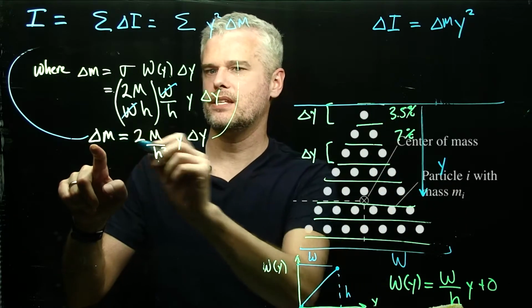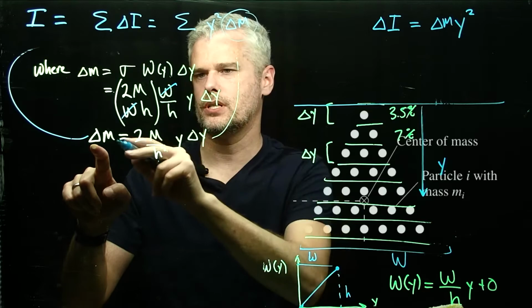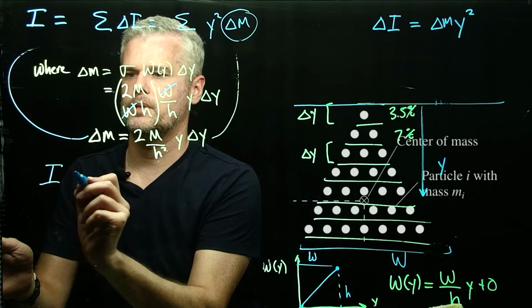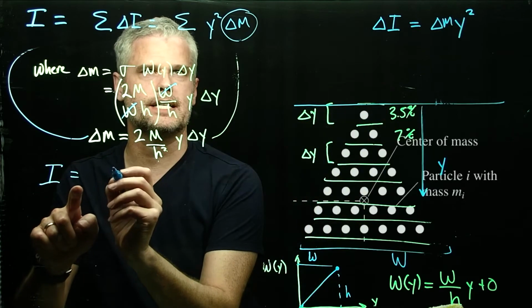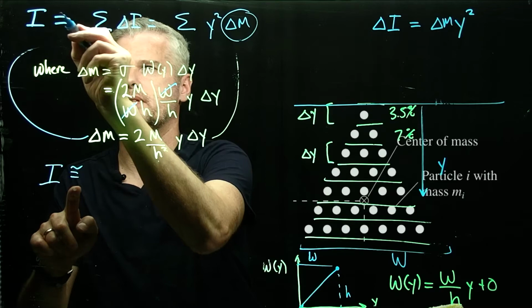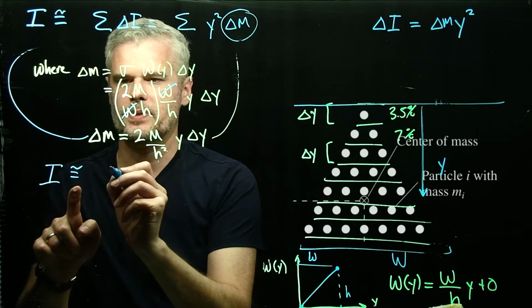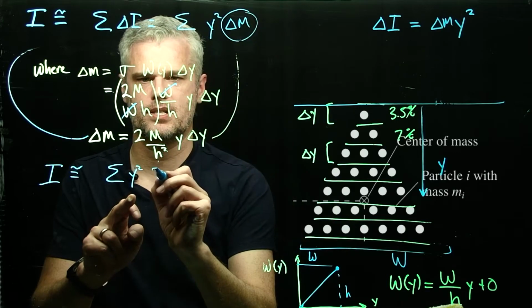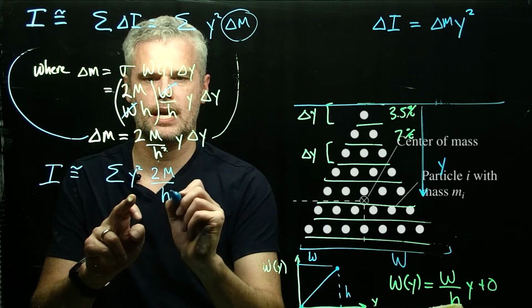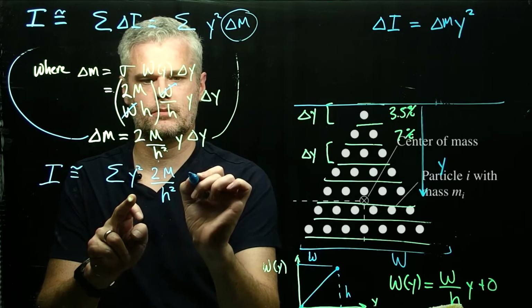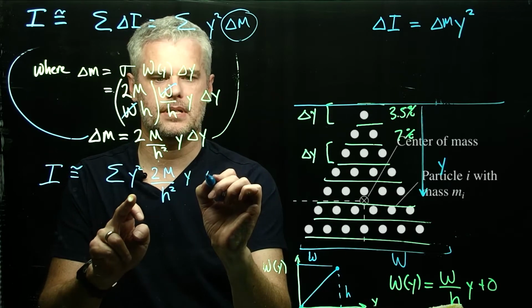So we can make this very same substitution for delta m, and we find that the moment of inertia for rotation around this axis, if I was to represent it as a sum, is approximately equal to the sum of y squared. What's delta m? It's 2m over h squared times y, times delta y.